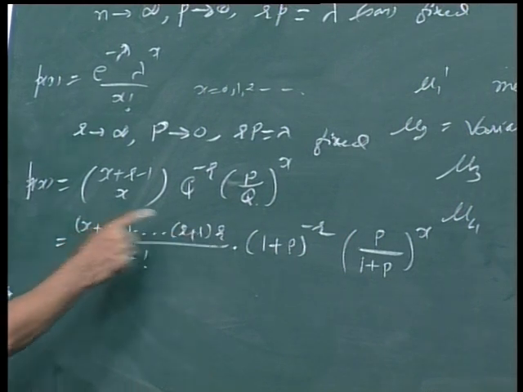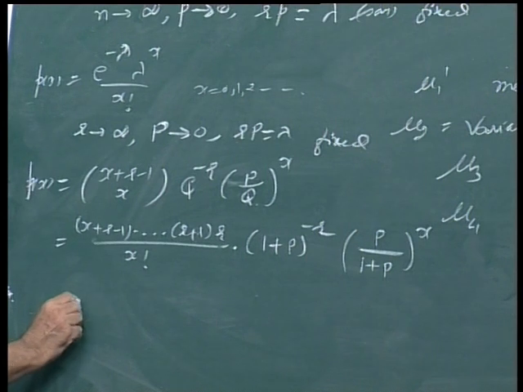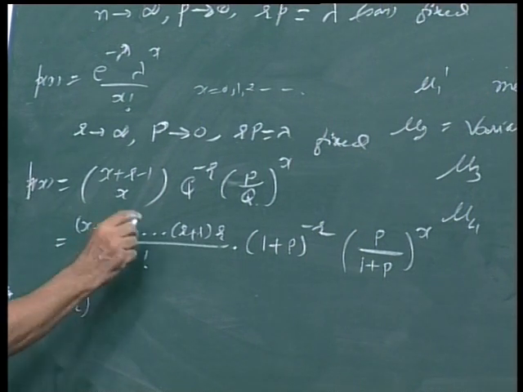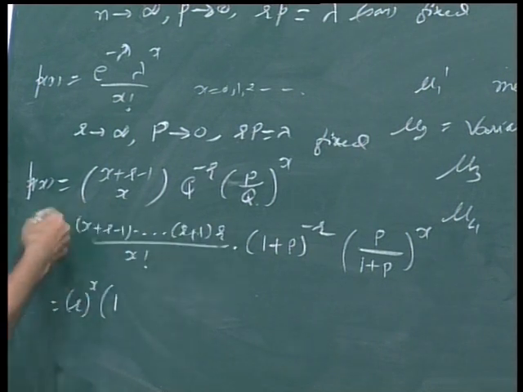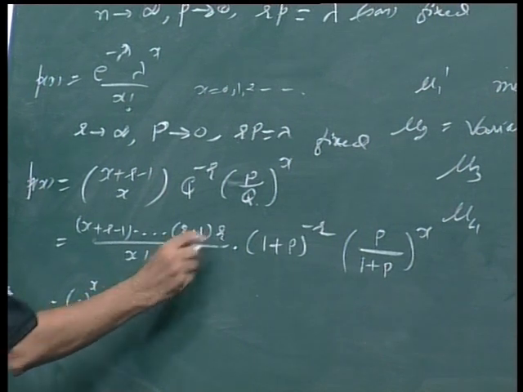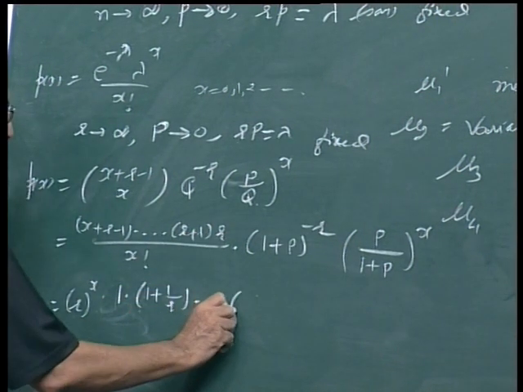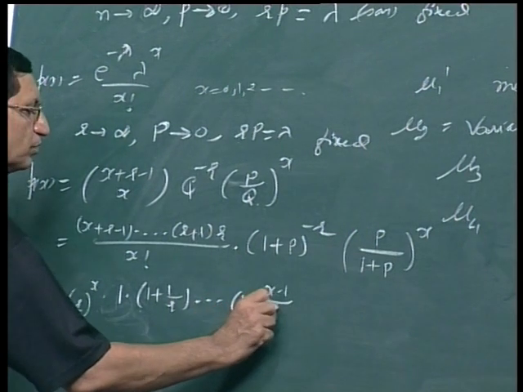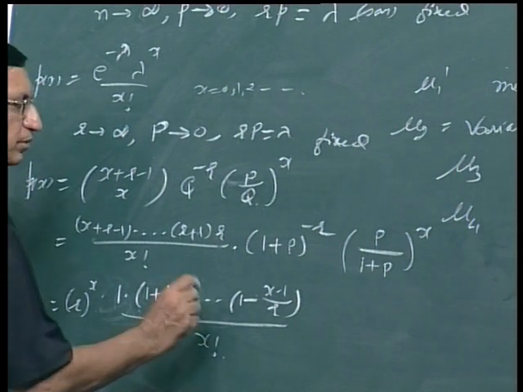If these are x terms and I take r common from each term, so r^x will be common totally. So I write in reverse order, 1 into (1 plus 1/r) up to (1 plus (x-1)/r), upon x factorial.